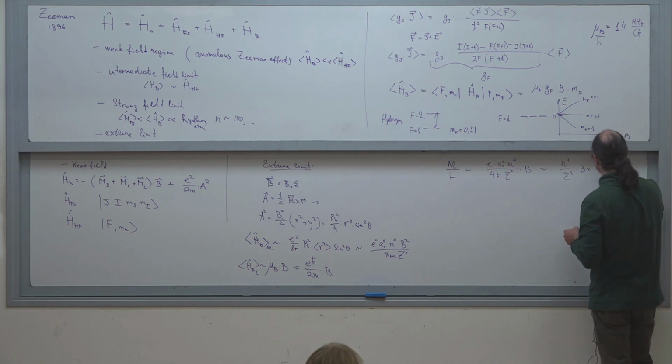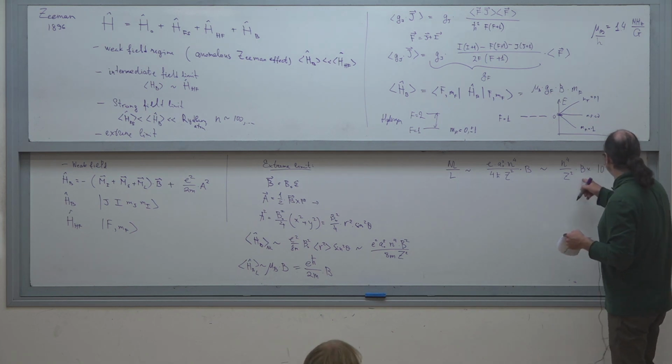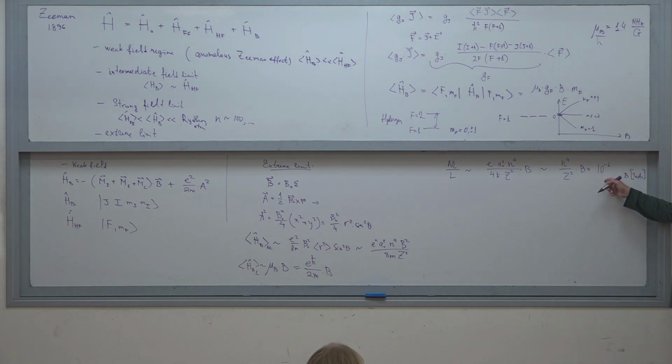This gives us 10 to the minus 6. Now B should be in units of Tesla to give a meaningful value out of this story. So I see here this large suppression factor of 10 to the minus 6.